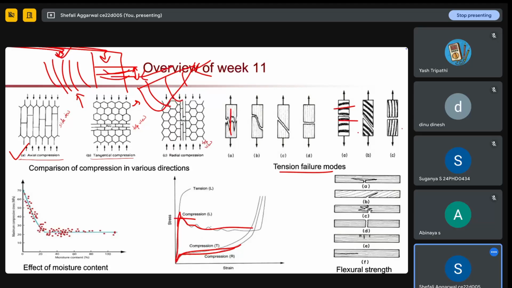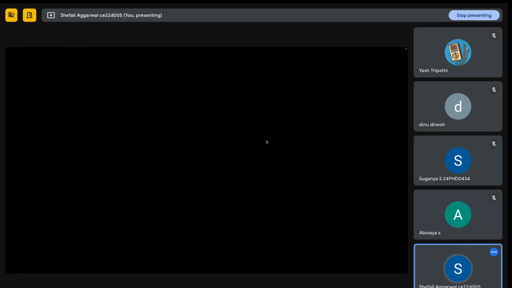If we are loading in tension along the direction of grains, there is a chance of brittle failure. However, if you are loading perpendicular to the direction of grains, the failure will be more of a tensile type. So these are the different tensile failure modes in terms of wood.